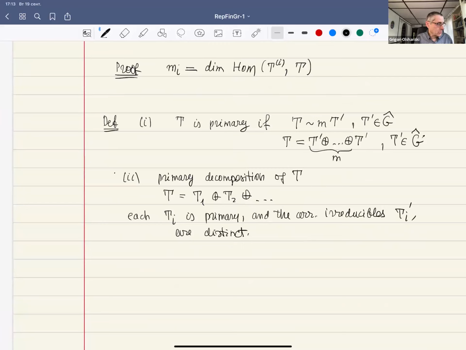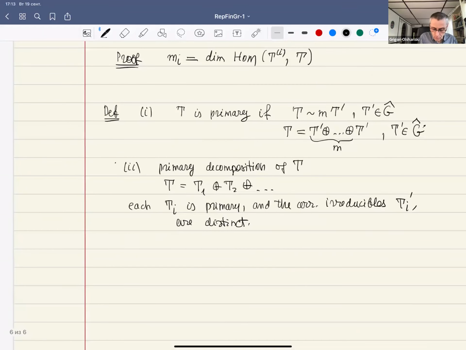But the claim now: take a primary decomposition.